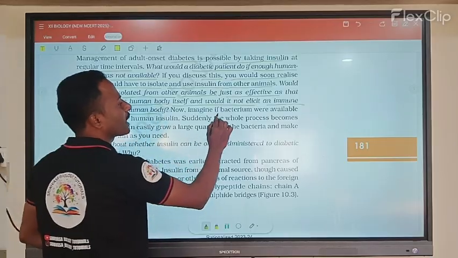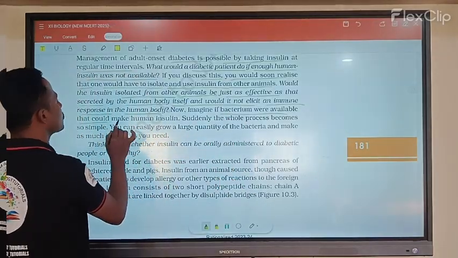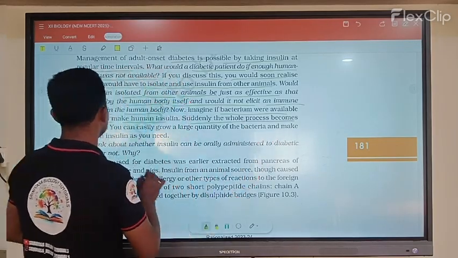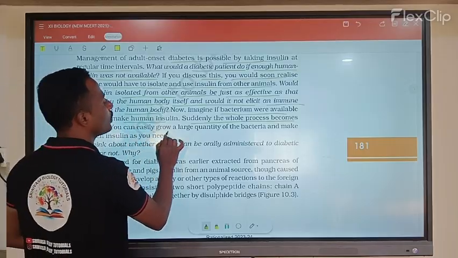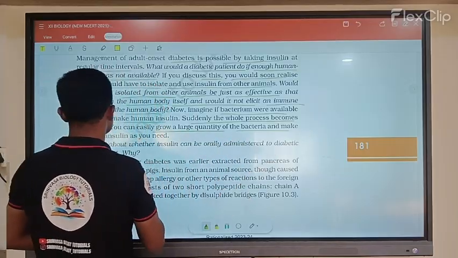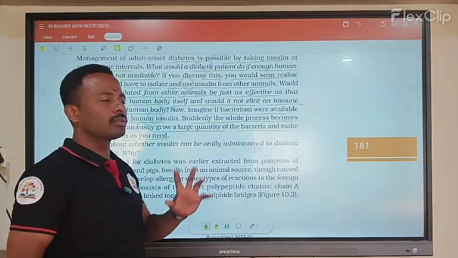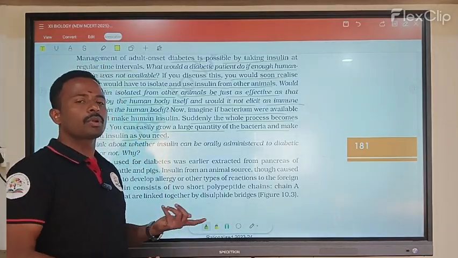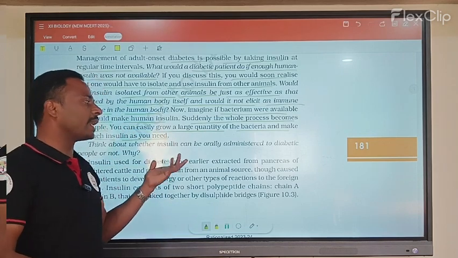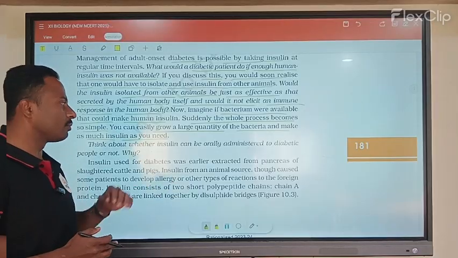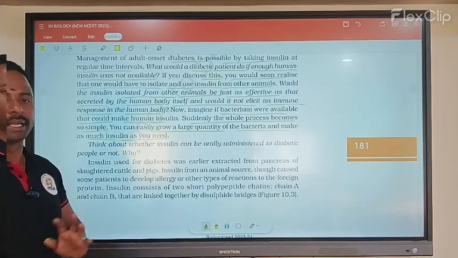Now imagine a bacterium that could make human insulin. Suddenly the whole process becomes simple. You can easily grow a large quantity of bacteria to make much insulin. If the bacteria produce a number of insulins, then however much insulin we require can easily be obtained with the help of bacteria. That is better, I think.